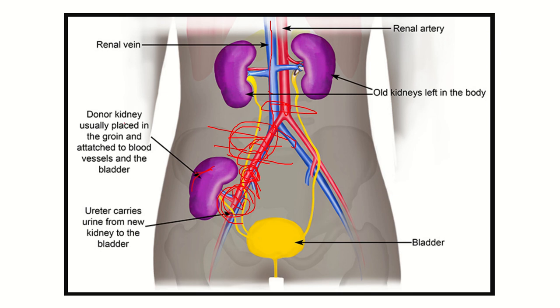So the kidney is usually implanted in the iliac fossa, and in the iliac fossa it is anastomosed to the external iliac vessels, because the external iliac vessels are larger than the internal iliac vessels. The common iliac vessels are in a narrower space and very close to the bones, so it is better not to implant there.